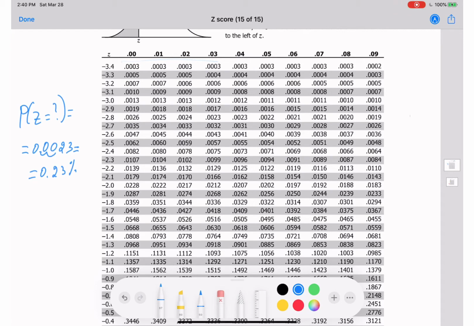Okay, let's find it. I'm looking for 0.0023, and here it is. Now, if I go to the left from here, and go up, what is my z-score?